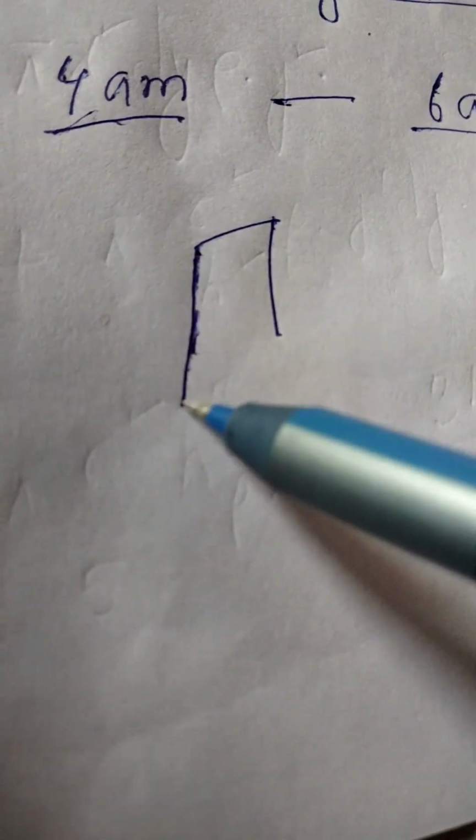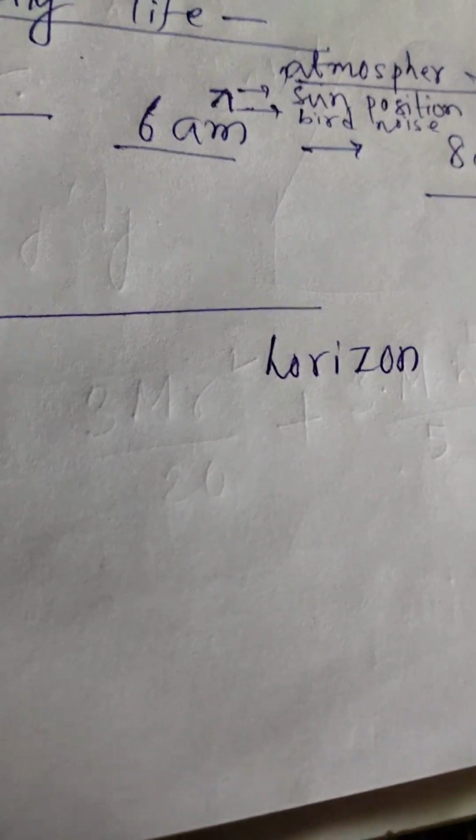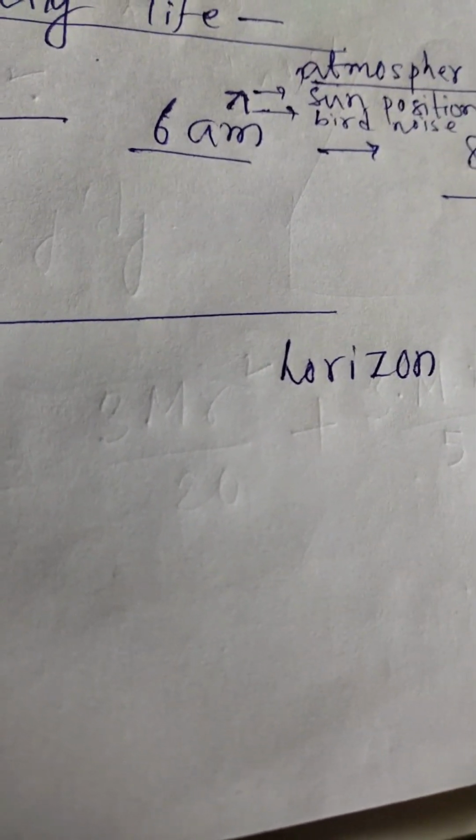So let's suppose at 6 a.m. you wake up, and that's the window. Let's say this is the horizon, meaning how far you can see with your eyes, which in basic terms we call the horizon.